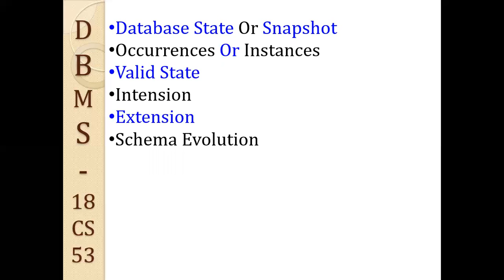Once the data has been stored in some storage locations, the description of the schema constructs and the description of the constraints are stored in a special location, and that is referred to as the metadata. So data about data, data which stores the schema constructs and also the constraints, is referred to as metadata.